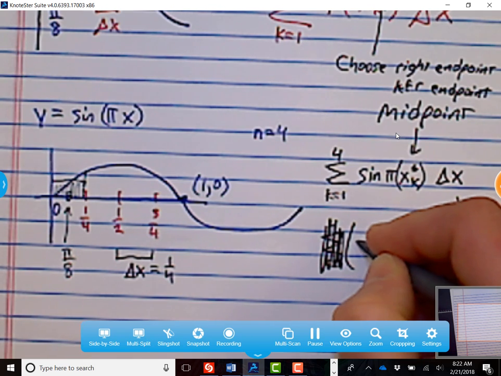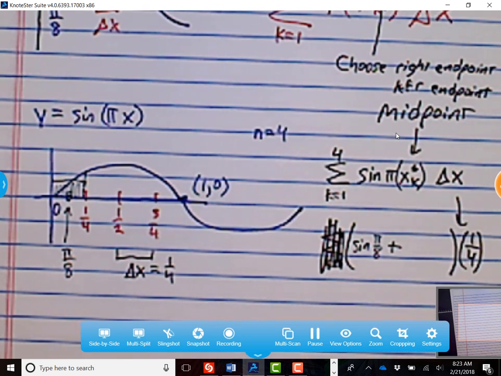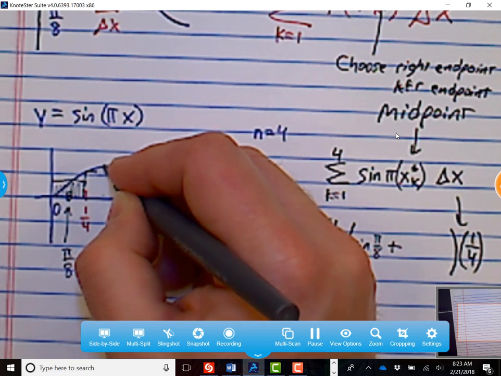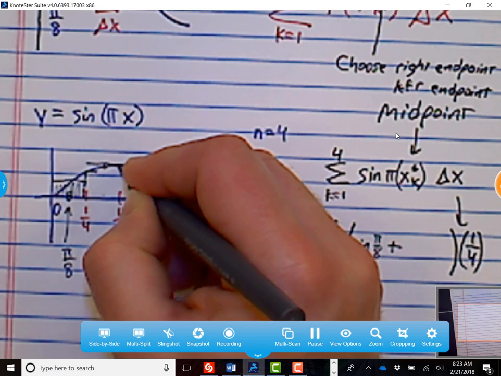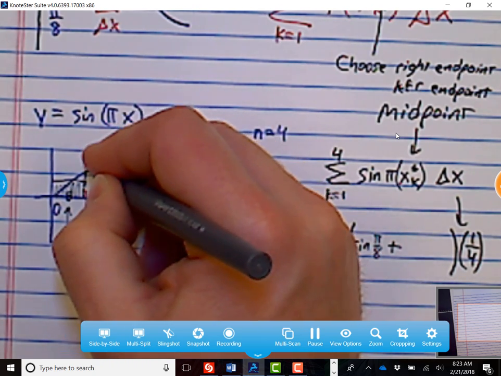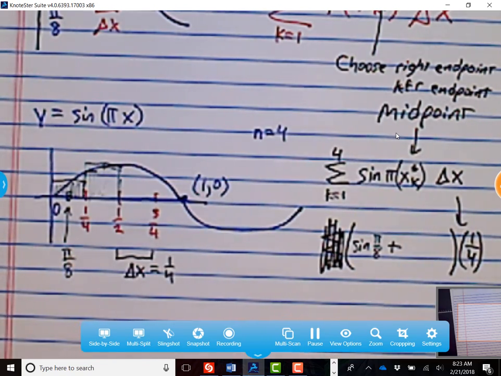And so I guess what you're going to have is the sine of pi over 8 plus, well, let's see, if I use the midpoint here, same thing. I'll have a rectangle which is below the curve and above the curve. Okay, so maybe I'll make that a different color.